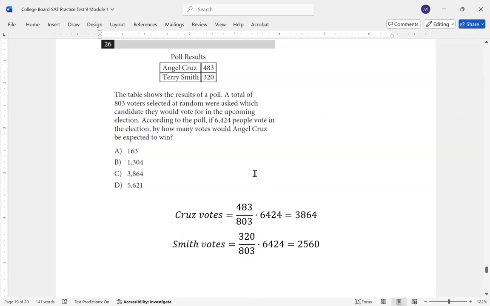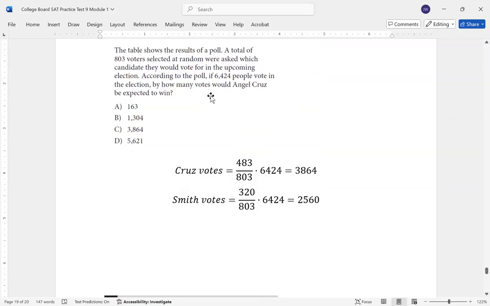And then we're going to say, by how many votes would Angel Cruz be expected to win? Well, that's asking for the difference. So we're going to subtract, and we would say Cruz has 3864 minus 2560.